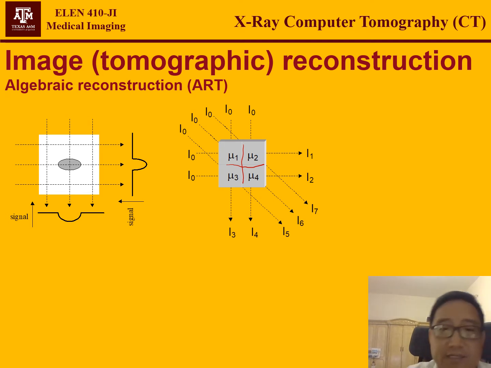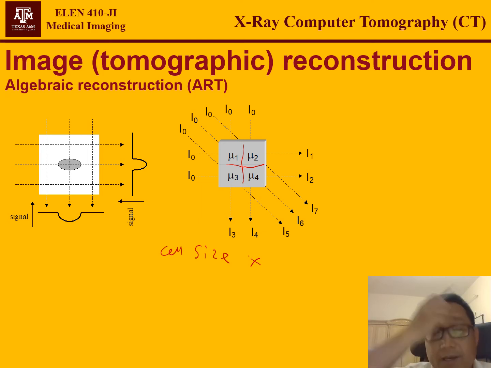The size of each little cell is x squared, so it's x times x.